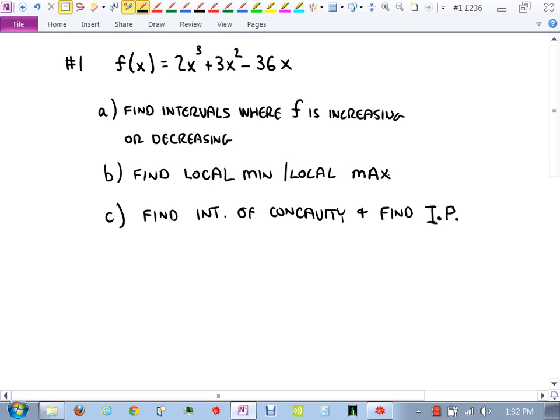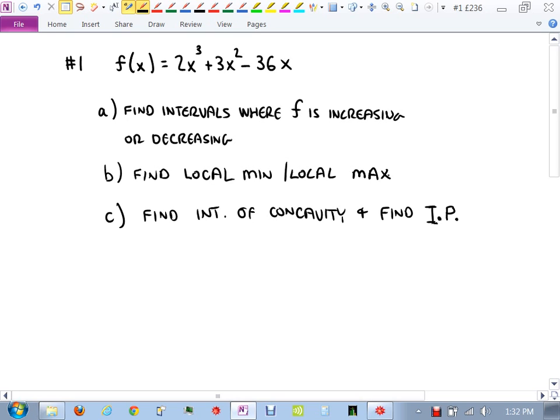Now, I'm also going to point something out here because this is absolutely critical when we get to 4.5. What we're about to do is find local max and local min. On your test, weren't you asked to find absolute max and absolute min? Right, that was 4.1, wasn't it?